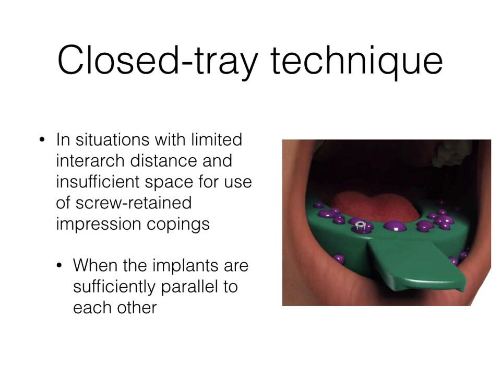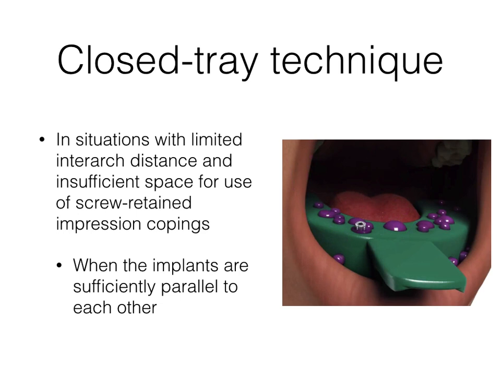However, even though we know the open tray technique tends to be the same or better than the closed tray technique, in some scenarios we may still need to use the closed tray technique. For example, if a patient has a limited interocclusal distance or insufficient space to use those screw-retained impression copings for the open tray technique, that would be the time you have to do a closed tray technique.